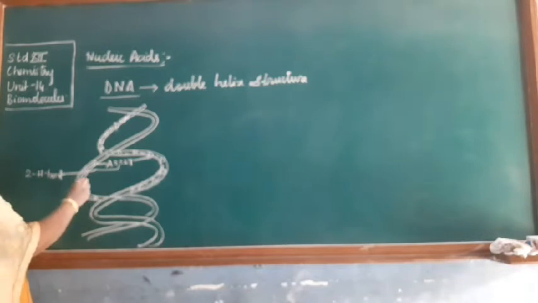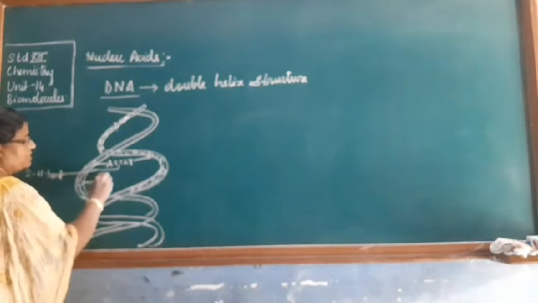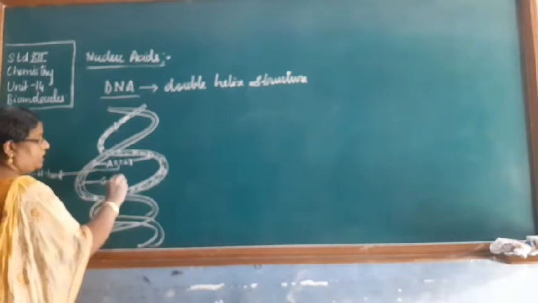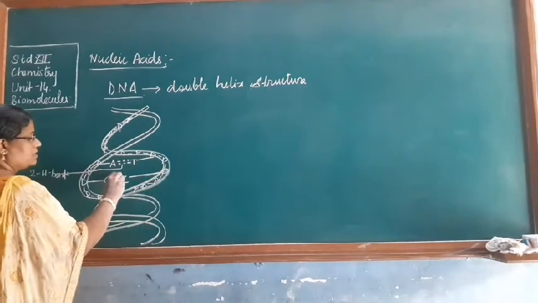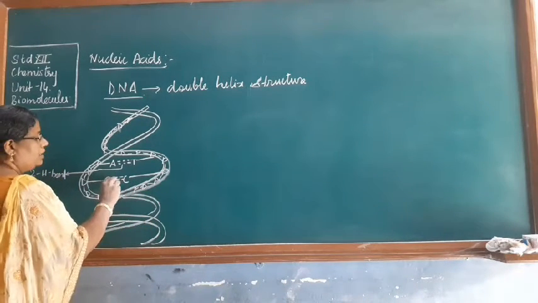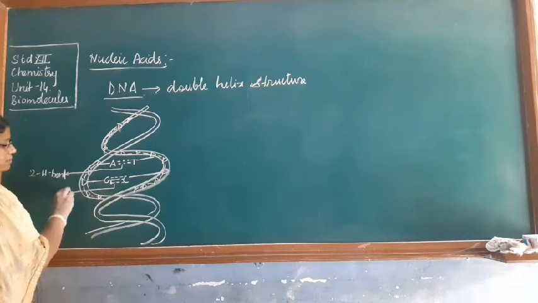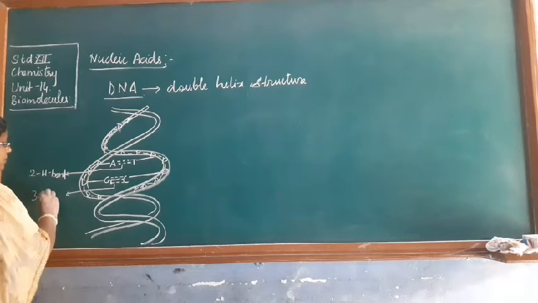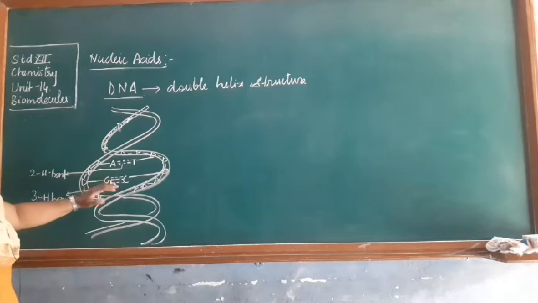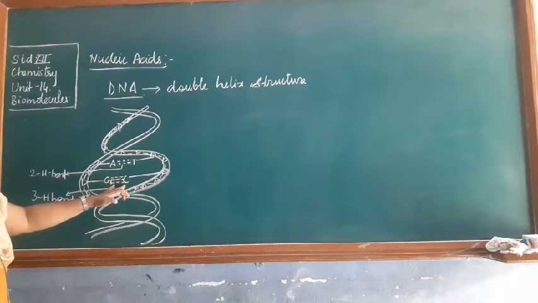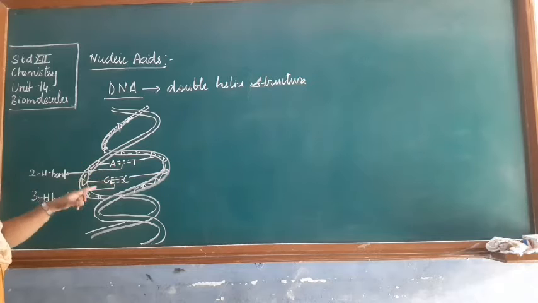Okay? If your base is G, then it will always be bonded to C, which is cytosine, and there will be 3 hydrogen bonds present. Okay, it will have 3 H bonds present. So 3 H bonds between G and C, 2 H bonds between A and T, this is fixed.